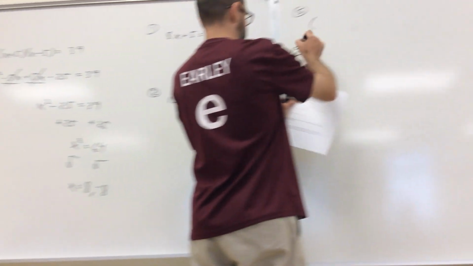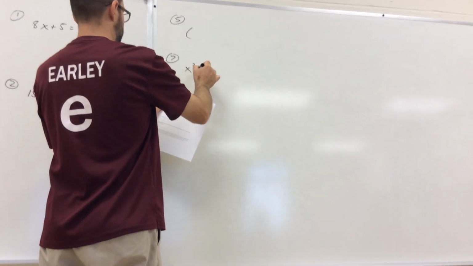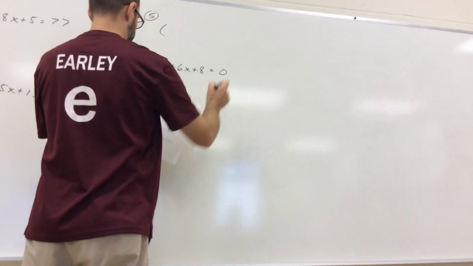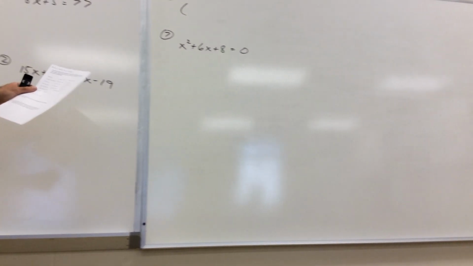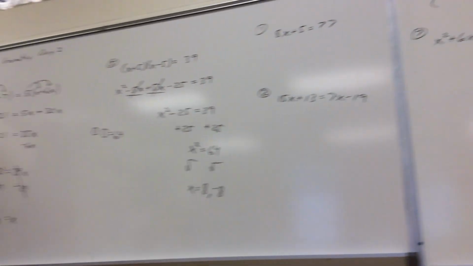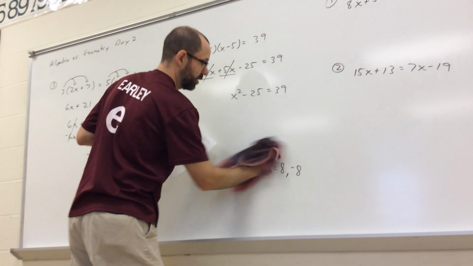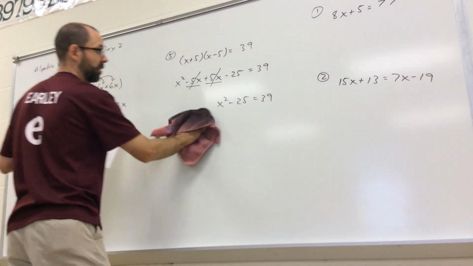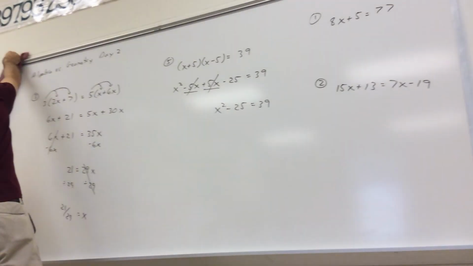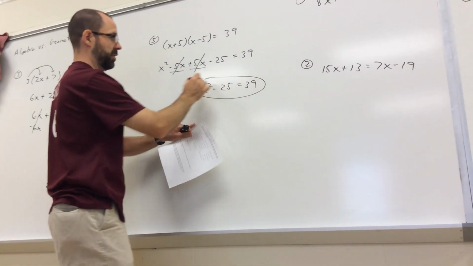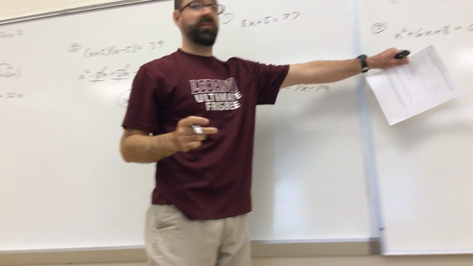So number 7 is x squared plus 6x plus 8 equals 0. Okay, and I want to compare number 5 with number 7. So here's number 5, and here's number 7.